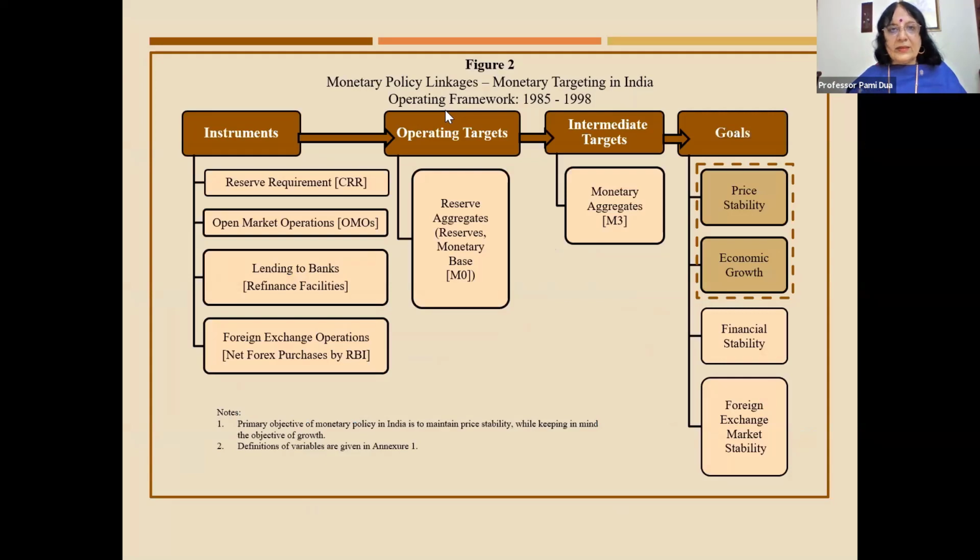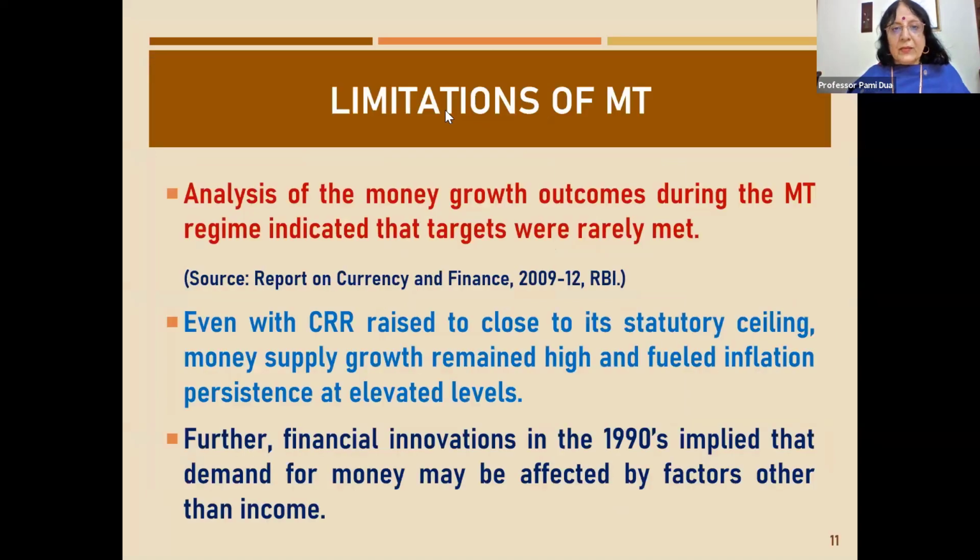Here is the monetary policy framework, the instruments, operating targets, intermediate targets, and goals in this framework. I'm not going to get into the details here, but these are all given in my paper, which is downloadable. You can look at it there. What really happened in this framework was that the money growth outcomes were far from the targeted outcomes, the targets that were made by the central bank.